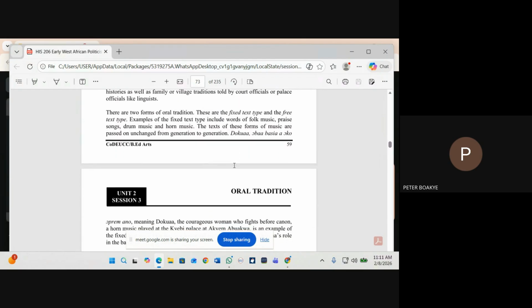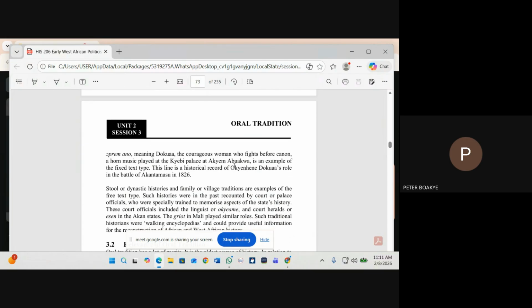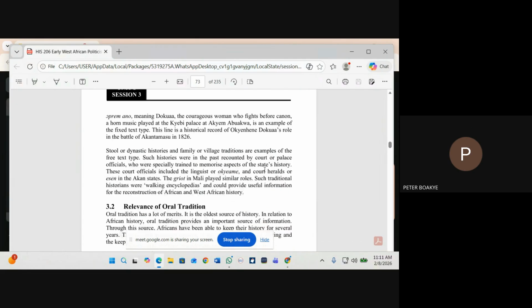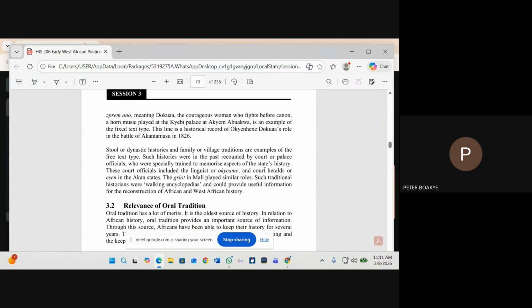For example, Dokua, Obaa Basia, Okunini Oprem, meaning Dokua, the courageous woman who fought before Kano. A horn music played at the Chief's Palace at Akyem Abuakwa is an example of a fixed text type. This is a historical record of Ochehene Dokua's rule in the Battle of Akatamanso in 1826.